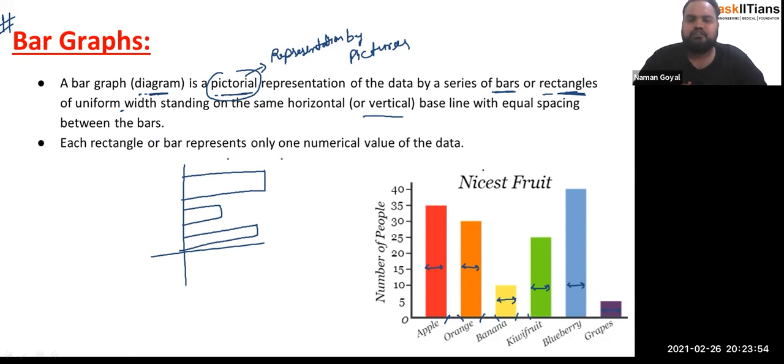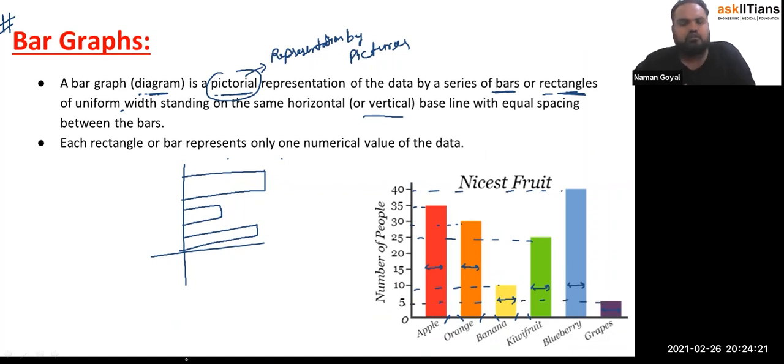Now see, there is a graph given of the number of pupils who like different fruits. How many pupils like apples? 35. 30 people like orange. 10 people like banana. 25 people like kiwi fruit. Blueberry, how many people like blueberry? 40 people like blueberry, and 5 people like grapes.